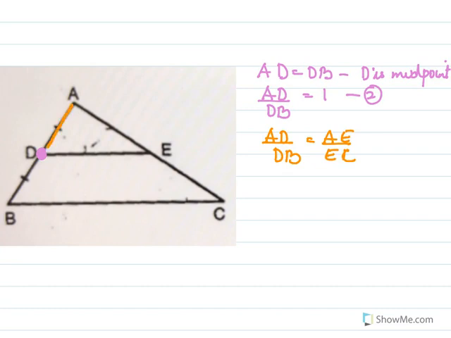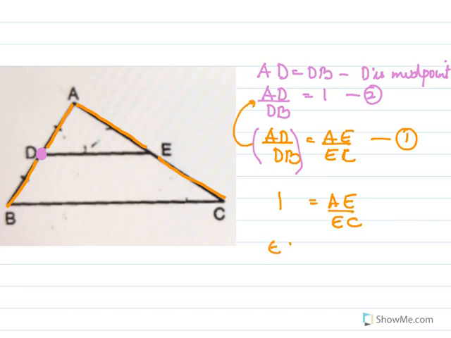This was shown earlier because DE was parallel. This is equation 1. But now I know AD over DB is equal to 1. So I'm going to write here 1 equals AE over EC.